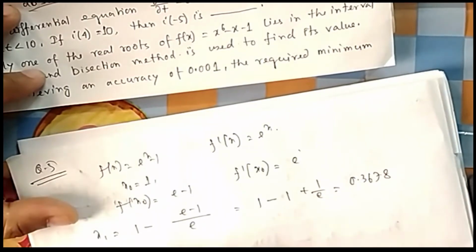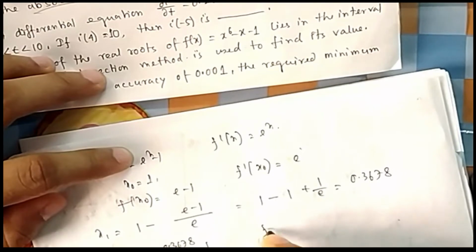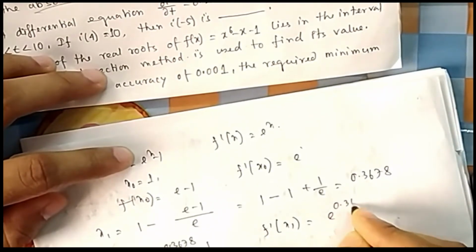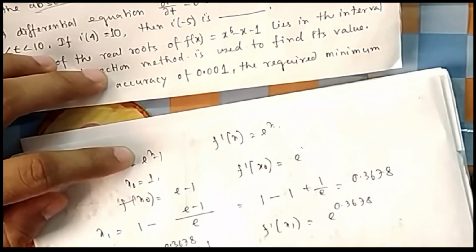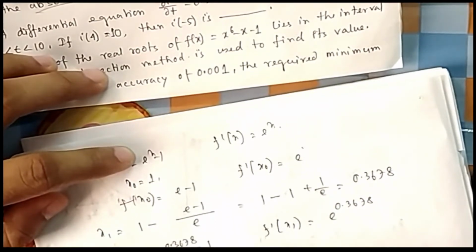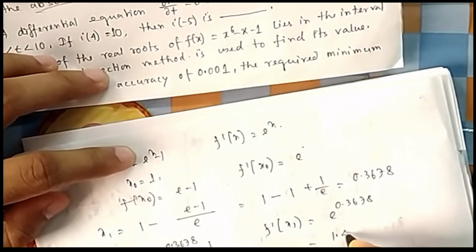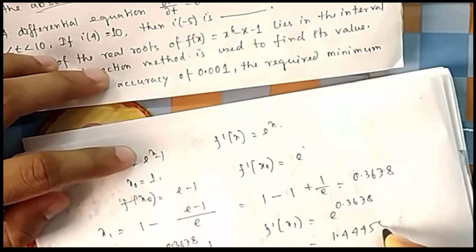So now for the second step you have to calculate f(x1), that is e to the power 0.3678 minus 1, and f dash of x1 is equal to e to the power 0.3678. Again I am writing directly. So you will find 0.44455, and here you will find 1.44455.